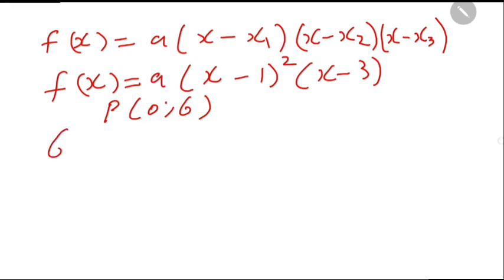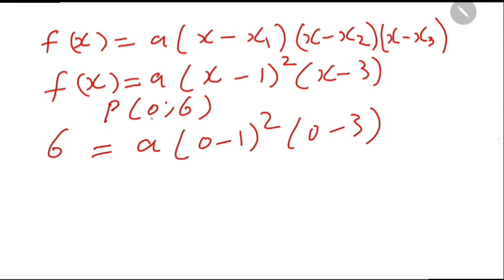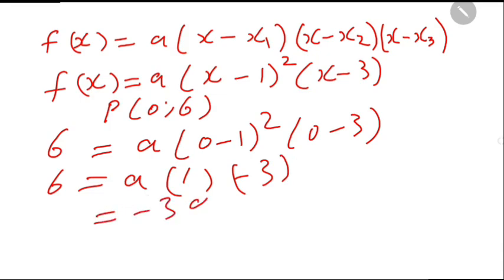So 6 is equal to a times (0 - 1) square times (0 - 3). In place of x, I'm going to substitute 0 and y is equal to 6. 6 is equal to a, this becomes multiply 1 multiply negative 3. The answer is negative 3a is equal to 6. So therefore a is gonna be 6 divided by negative 3. So the answer is gonna be negative 2. So a value is negative 2.